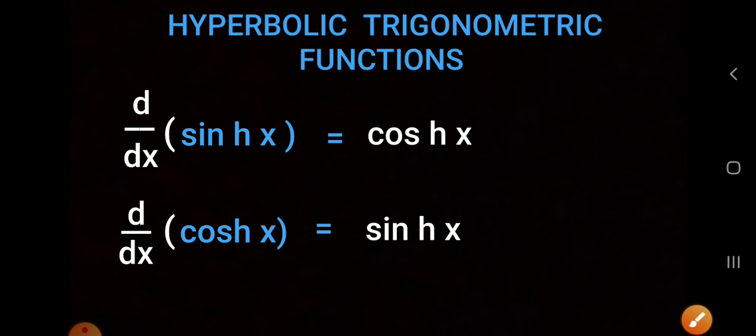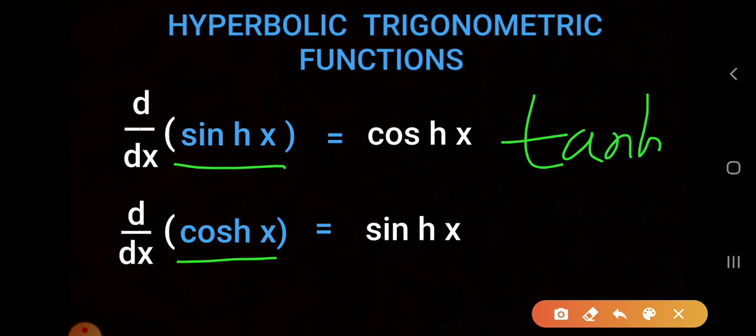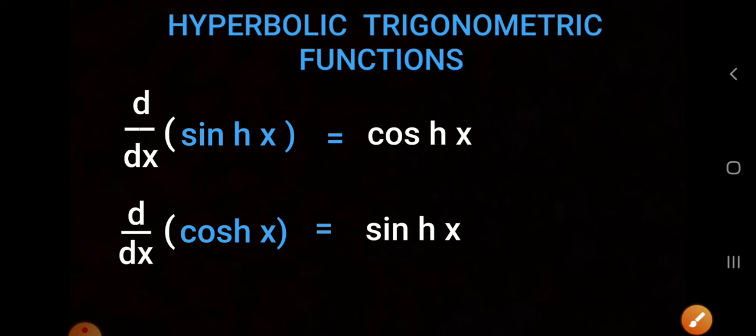The first three functions, sine hyperbolic x, cos hyperbolic x and tan hyperbolic x, are positive. The rest of the hyperbolic trigonometric functions are negative.